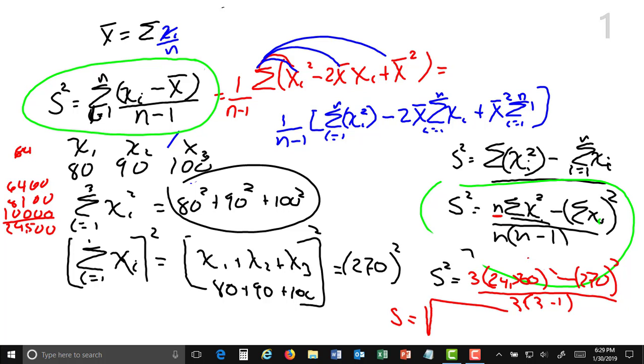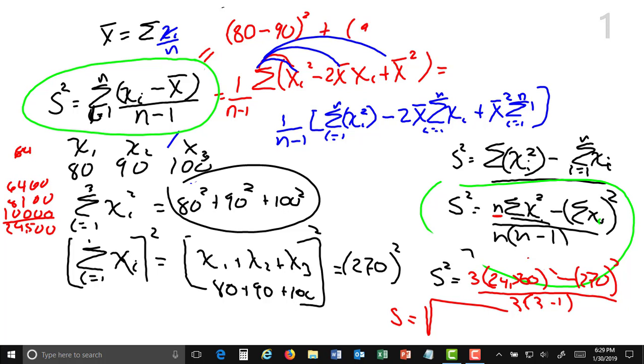Okay? How did it look up here? Well, it looked easier because once you know what your average is, you have to calculate your average first, right? In our case, it's 90, isn't it? So if I write it out this way, it looks easier. The first observation is 80 minus 90. You see that would be negative, right? Negative 10, yes? But I'm not worried about it because I squared it.